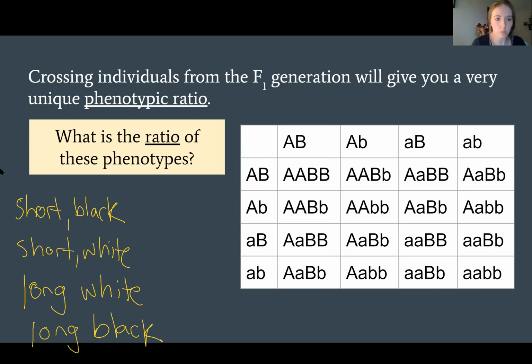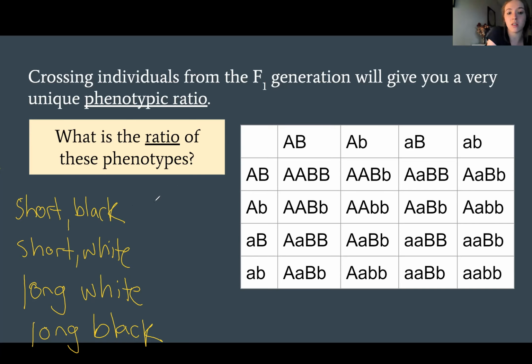Now, remember a Punnett square represents the probability that a particular gamete or egg and sperm combination will occur. So let's look at all of the possible ways that you could get a short black offspring.